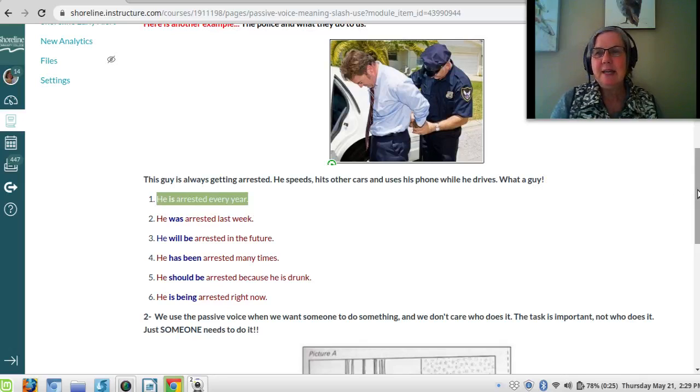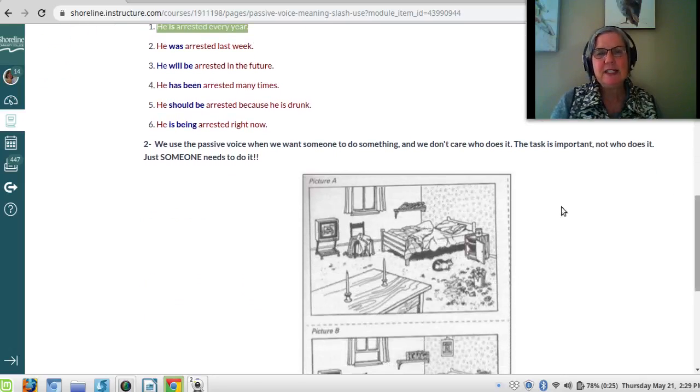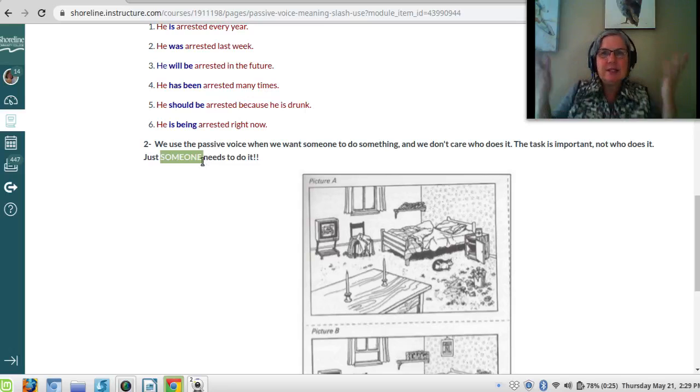The second time we use passive voice is when we just want to say someone. Just, it doesn't matter who. The first case, the first way we use passive voice, is if we all know who the doer of the sentence is.